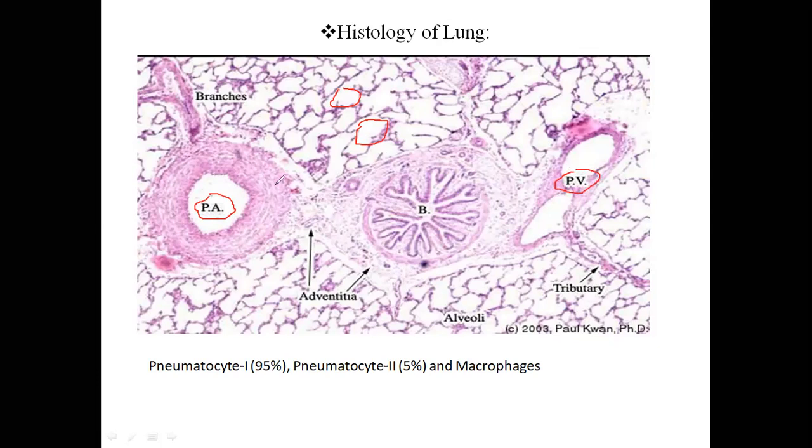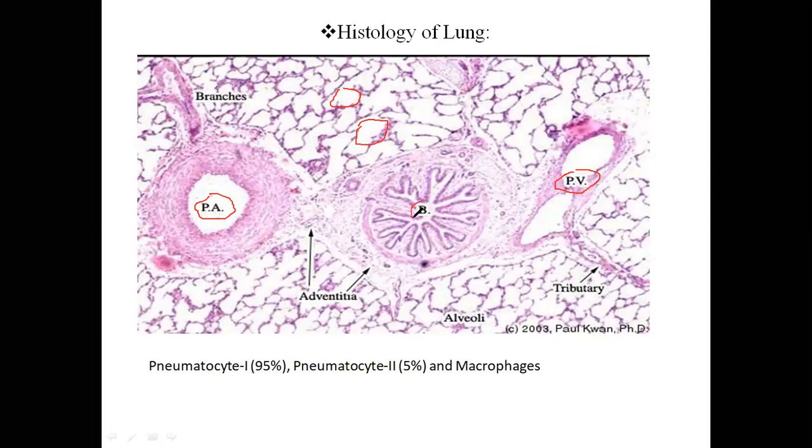The pulmonary artery has less oxygen, deoxygenated blood, and this pulmonary vein has highly oxygenated blood which carries to the left part of your heart, for distribution to the organs of the body. And we know that without oxygen, our delicate organs cannot survive. They will die soon in case of absence of oxygen.